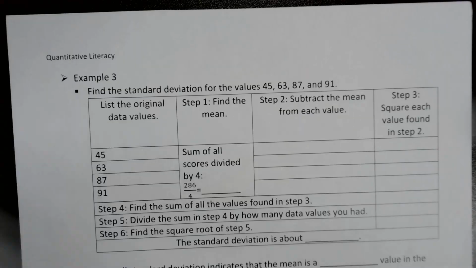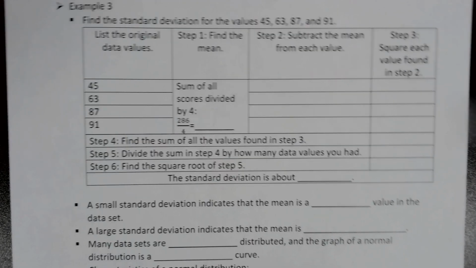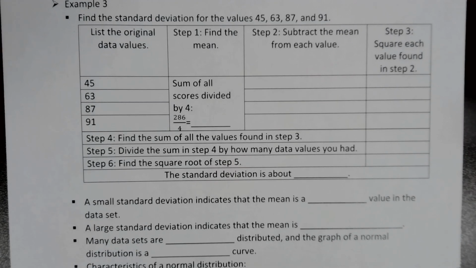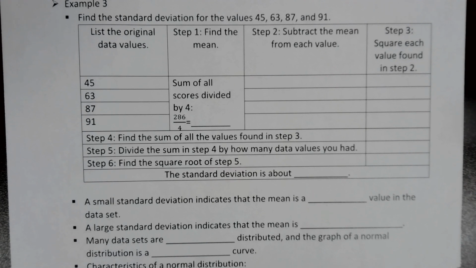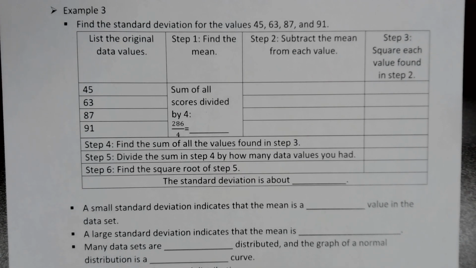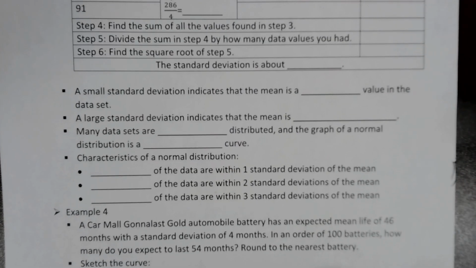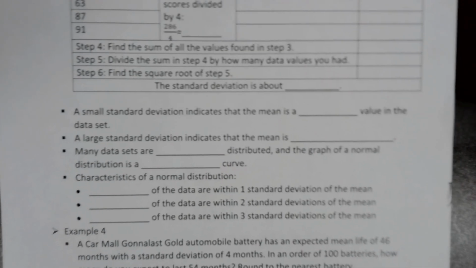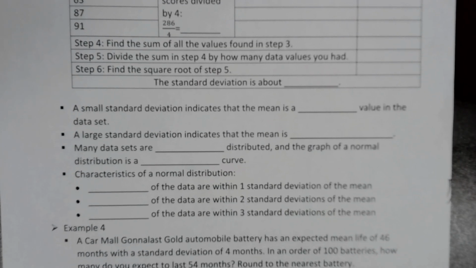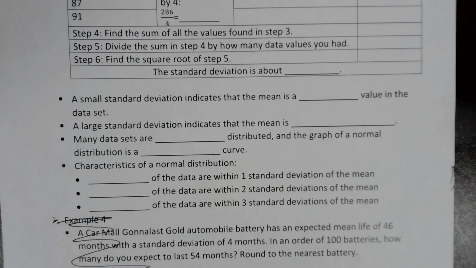Okay, guys, on to the last bit of this lesson. It's got this big example. I'm not doing all that. You can do it if you want. Come back in a minute and I'll have an answer posted. At the end of the video, I'll post an answer for that example 3. Going to finish these lessons up right here. And we're not going to do this example 4 problem either, because you're not going to have to sketch a curve for our purposes.